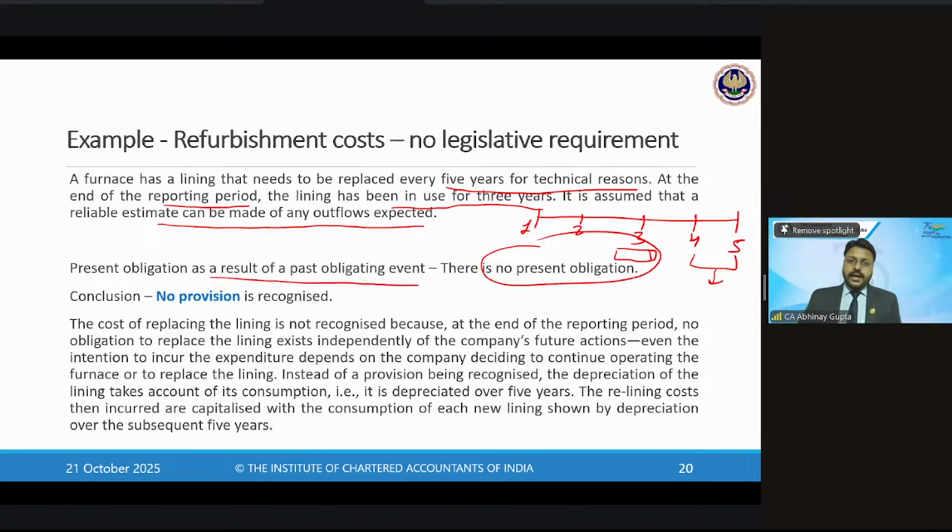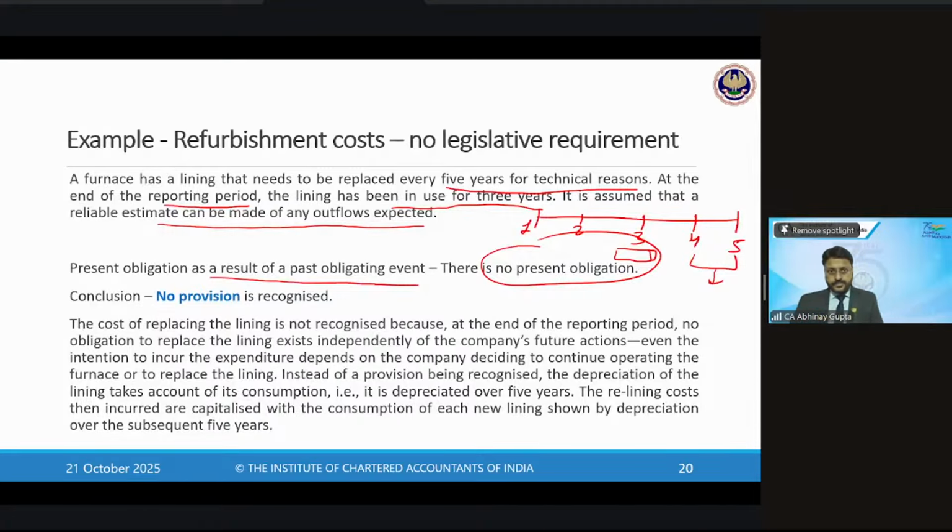Each component has a different useful life, and hence that very component needs to be depreciated over its respective useful life. Yes or no? Yes. So in this case, Ind AS 37 is actually not applicable; rather Ind AS 16 will become applicable.